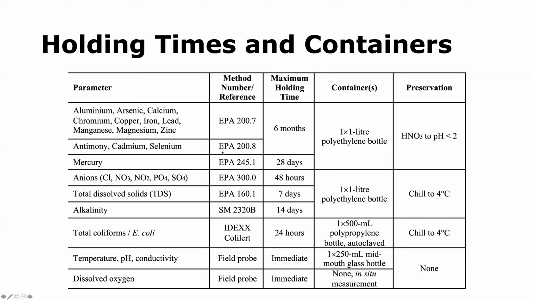So maybe it's from the EPA standard methods, or maybe it's some other type of method that's been standardized by a different organization. You might specify something like the maximum holding time for the sample, what containers the samples will be collected in, and if there are any methods that are going to be used to preserve those samples, like keeping them cold or adding some type of acid.